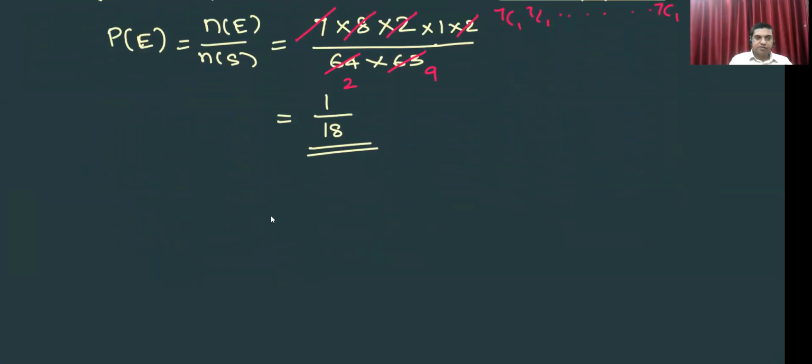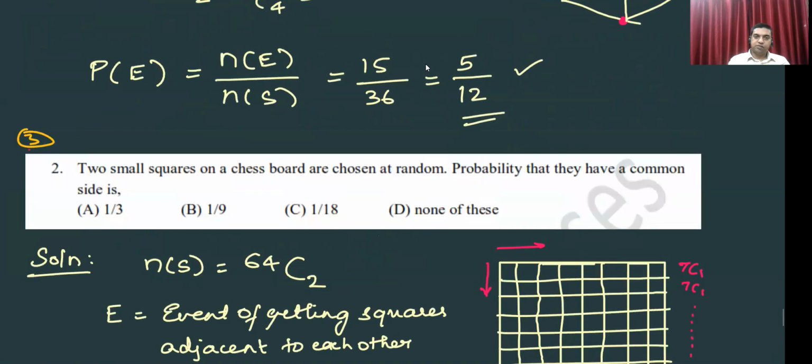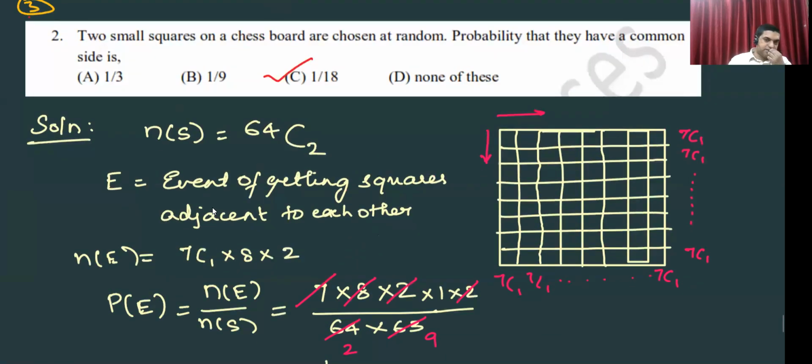One upon 18. So this is the answer. Two small squares on a chessboard, 1 upon 18. So did you get how to do it? Yes, sir. Understood, sir.